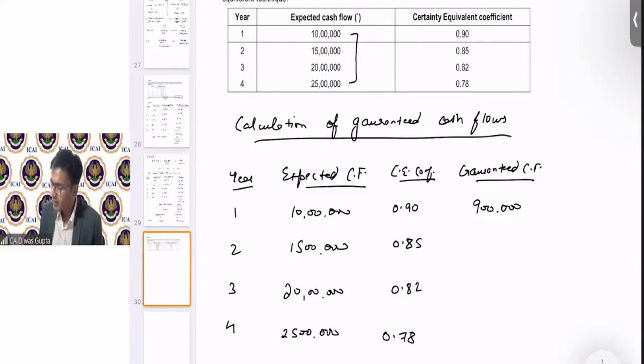Then 15 lakh multiplied by 0.85, which is 12 lakh 75,000. 0.82 multiplied by 20 lakhs, 16 lakh 40,000. Then 25 lakh multiplied by 0.78, which is 19 lakh 50,000.